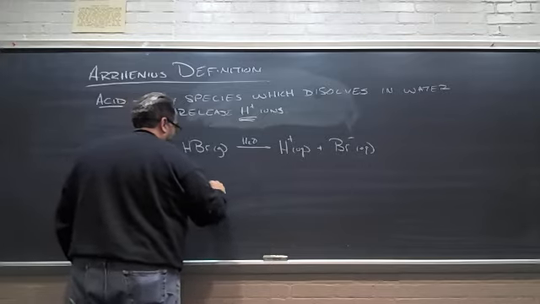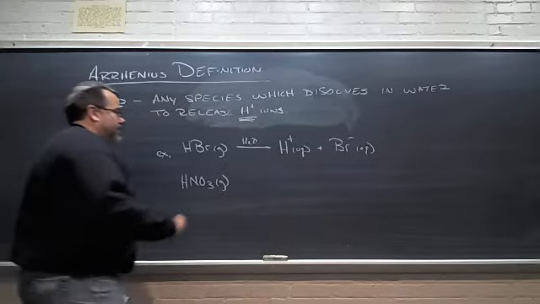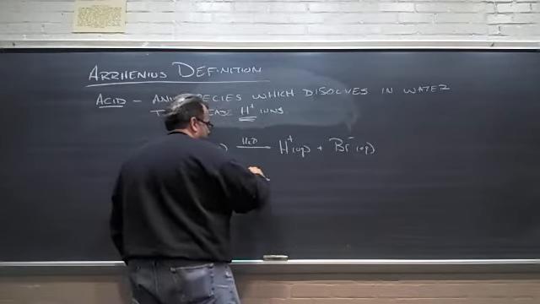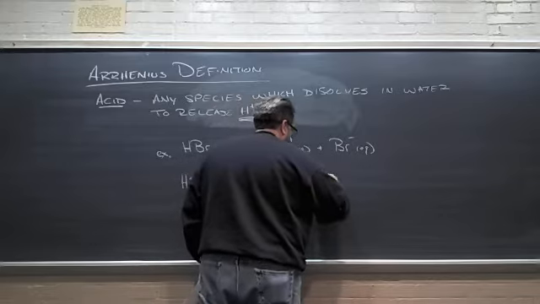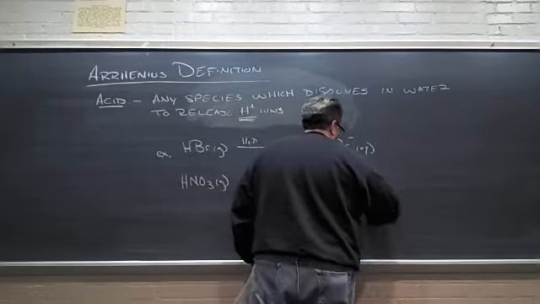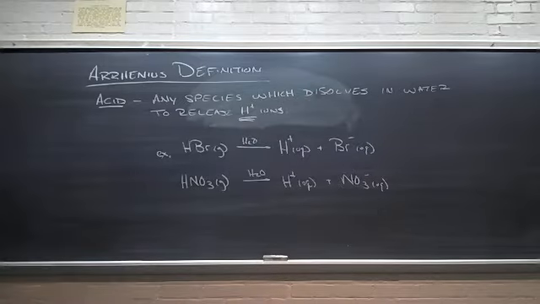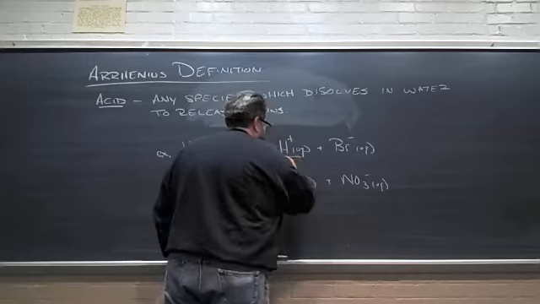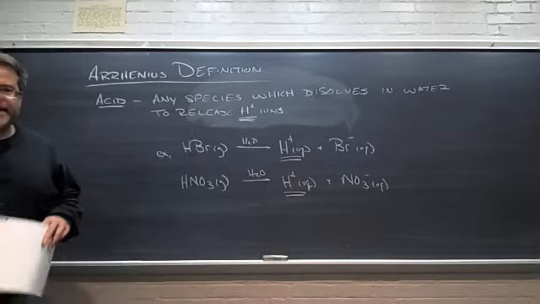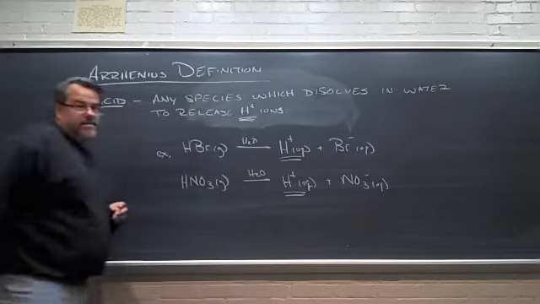Another good example is nitric acid, HNO3. And when you put that in water, it dissolves to give you hydrogen ions and nitrate ions. Since both of those release H plus ions, those are considered acids in the Arrhenius model.